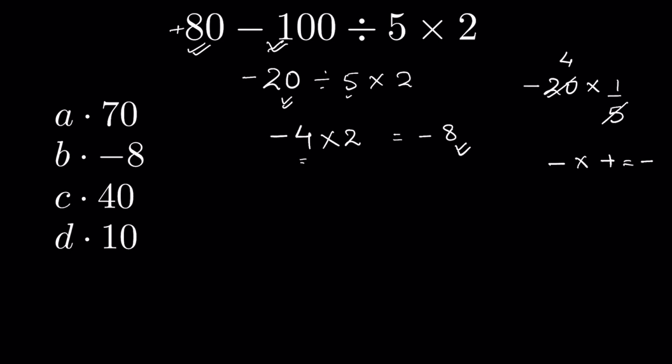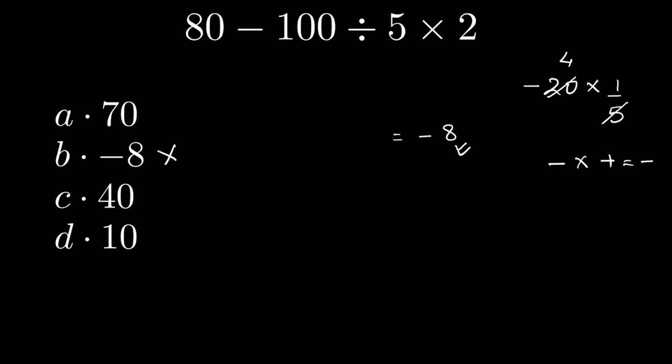But is this the correct answer? No, this is not the correct answer, because this is not the correct order of solving the question. This question should be solved based on order of operation, and that order of operation you can remember through a mnemonic called Pemdas.